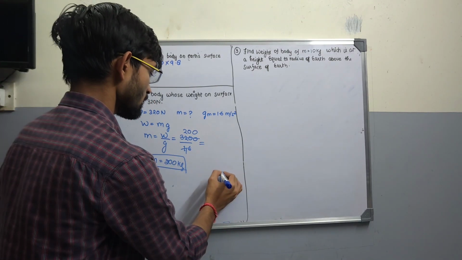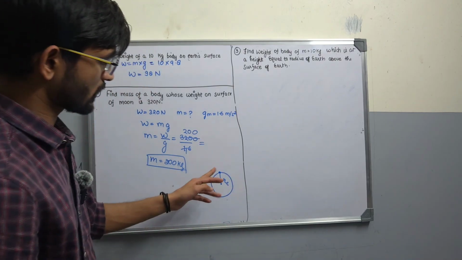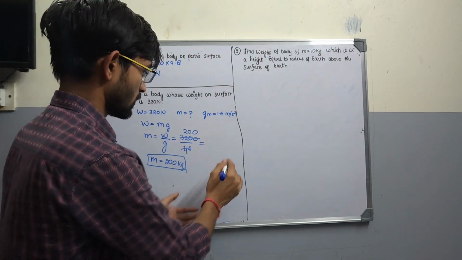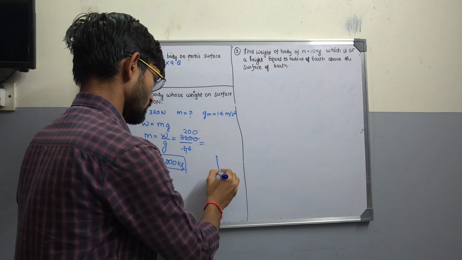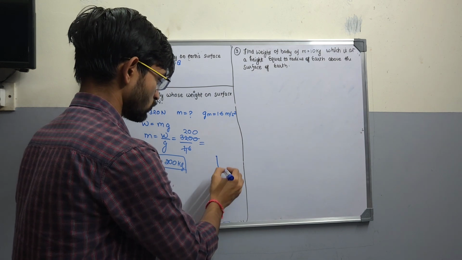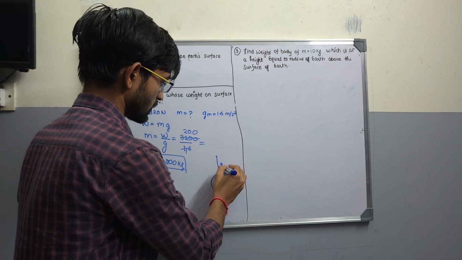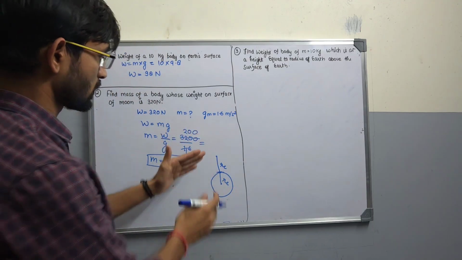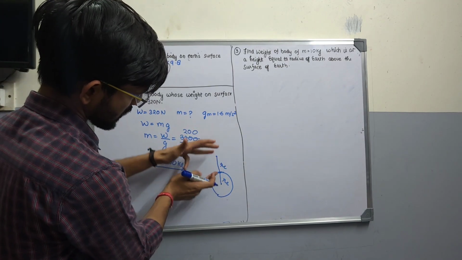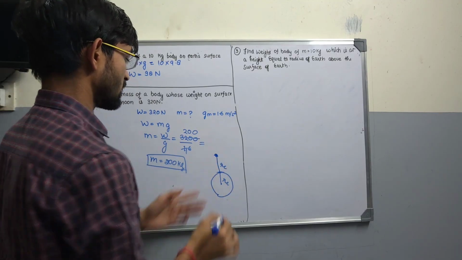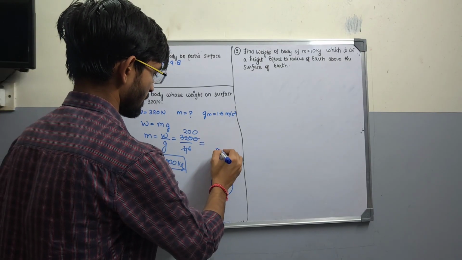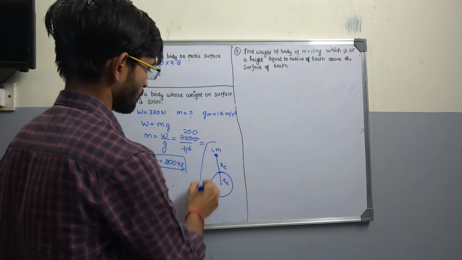We have to find the weight of the body which is at this distance. This is radius of earth and it is twice the radius of earth distance from the center of earth, meaning one radius of earth distance this and one radius of earth distance this, and here is the particle. We have to find weight of that body at this position.